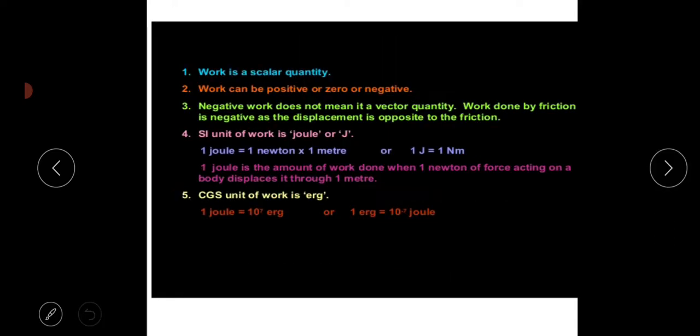SI unit of work is Joule. As we all know, to carry out any type of work we need energy, and SI unit of energy is Joule. So we can say that the SI unit of work is also Joule. Now next, 1 Joule is equal to 1 Newton into 1 meter.